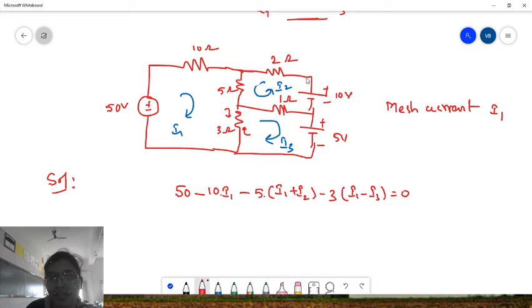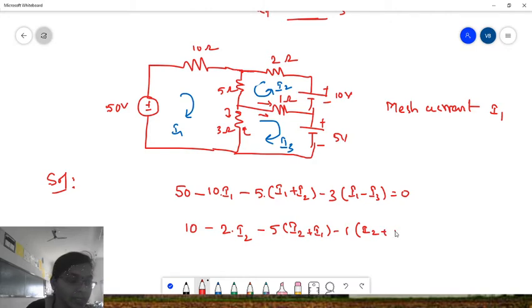So current is entering at the negative terminal, so that value will be positive 10, minus 2 into I2, only one current is there, minus 5 into, here I2 is entering as well as I1 is also entering, so that is I2 plus I1, minus 1 ohm. In the 1 ohm resistor, I2 is in this direction, I3 is also in the same direction, so that is I2 plus I3 equals 0.